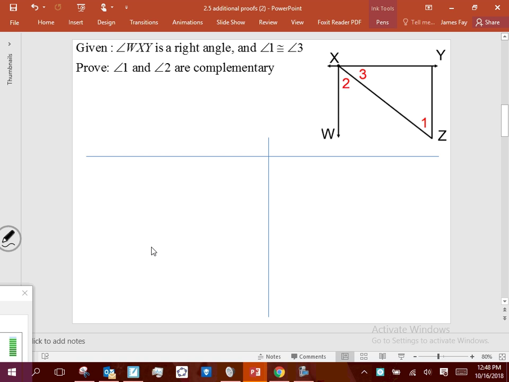All right, so this one, write your given down, right? What you get from the vocabulary word up there. I like this one because it shows a little procedural thing that we need to talk about.